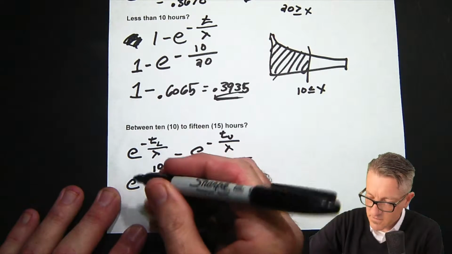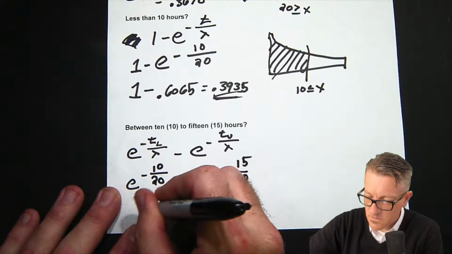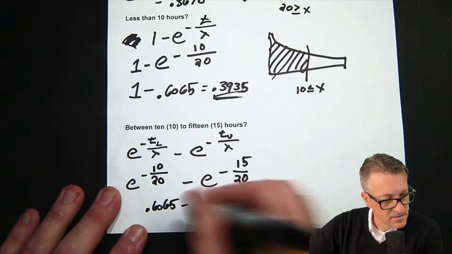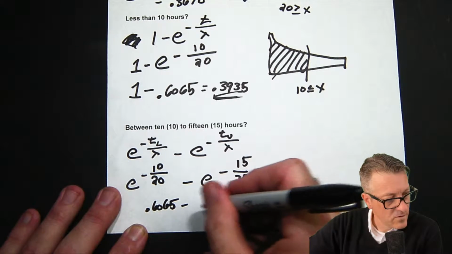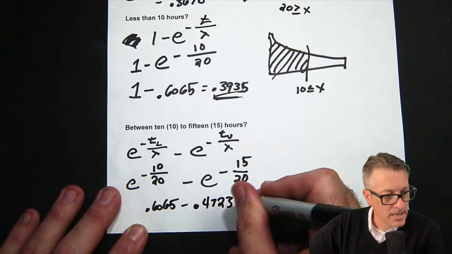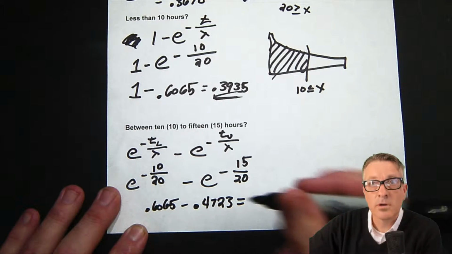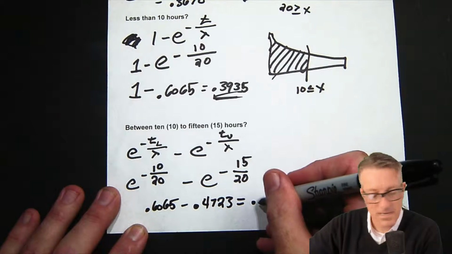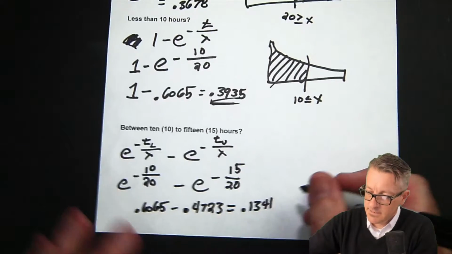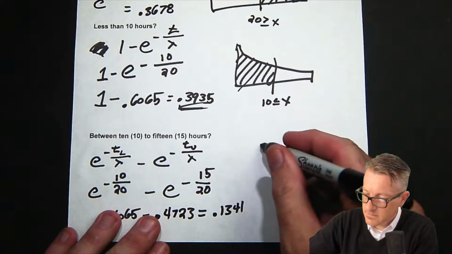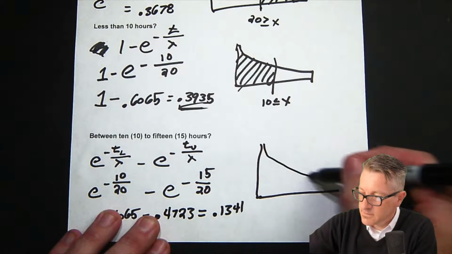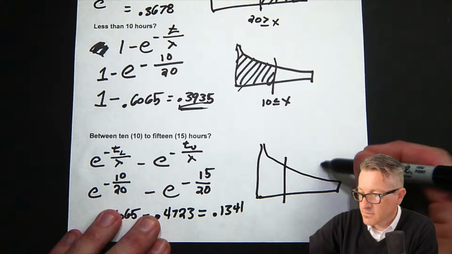It's 0.6065, and then we subtract 0.4723, and we get 0.1341, and that is the area between.